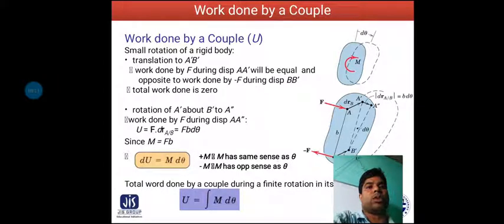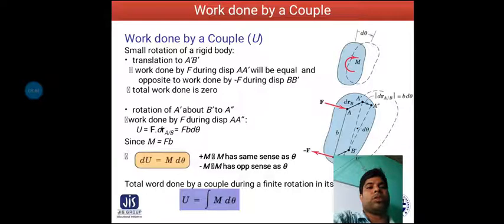So rotation A dash about B dash to A. So work done by F during displacement AA. So U is equal to F into dr A by B. That is equal to F into B into d theta.